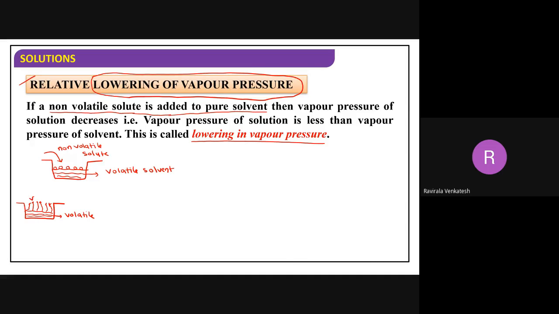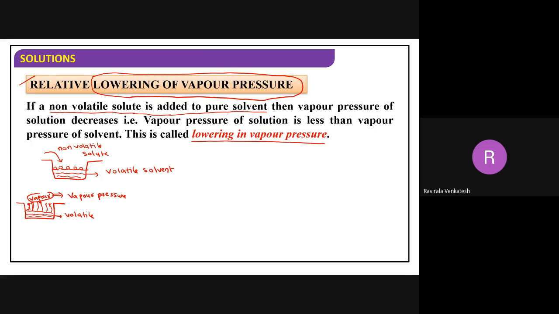Now you get a vapor here. This vapor you are calling vapor pressure. The pressure exerted by these vapor molecules you are calling vapor pressure. Understood better? At atmospheric pressure, it is called vapor pressure.